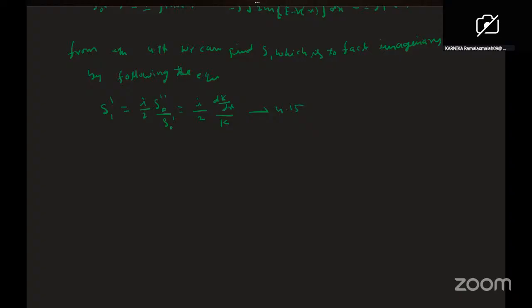So here k is equal to S naught dash. This is the equation; integrating the above equation.